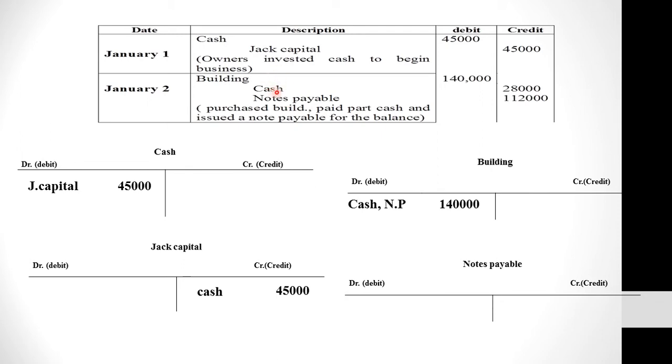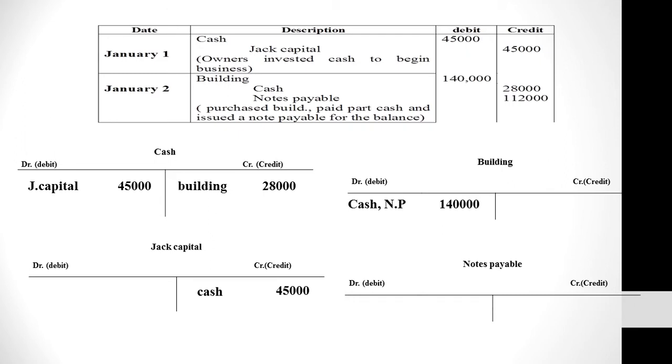Then move to cash. Cash equals 28,000 in the credit. We're going to move to the cash account. In the credit side, we're going to place 28,000 and write beside it building.